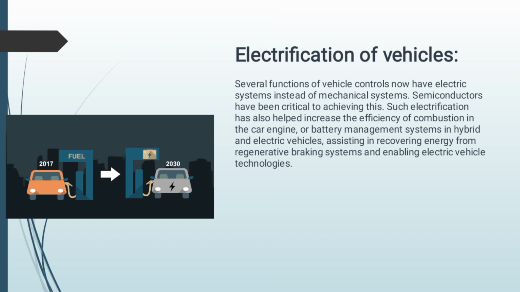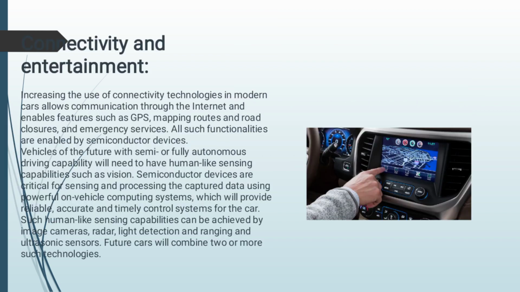Semiconductors have been critical to achieving this. They support combustion in car engines, battery management systems in hybrid and electric vehicles, energy recovery in the regenerative braking system, and enable electric vehicle technology.